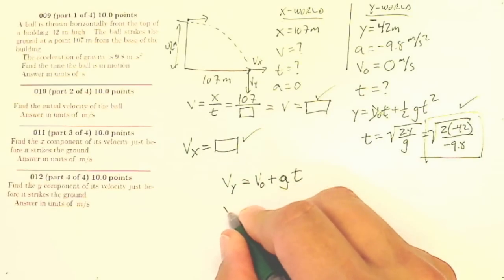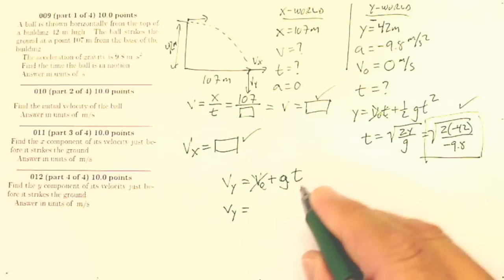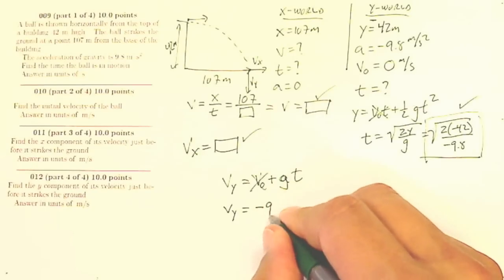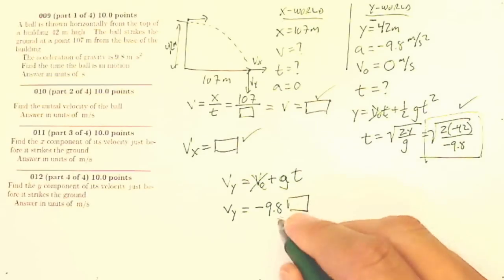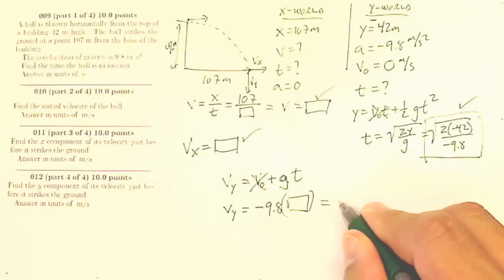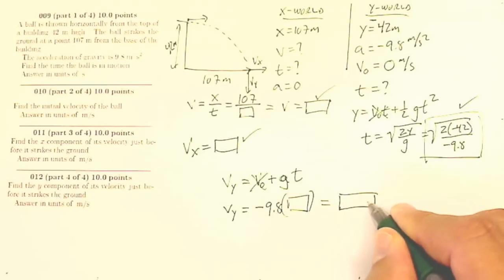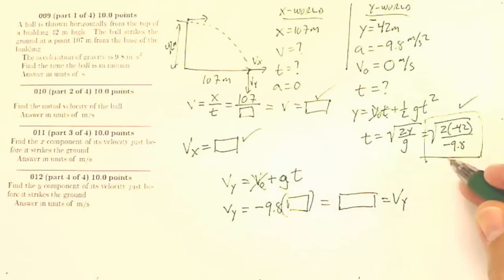So my final velocity in the y direction, my y component of the velocity, since the initial velocity was 0, is just going to be negative 9.8 times time, and there is my time. So when I plug this in here, I'm getting 9.8 times time, and that will give me a final velocity in the y direction. And that should be negative because it's going down.